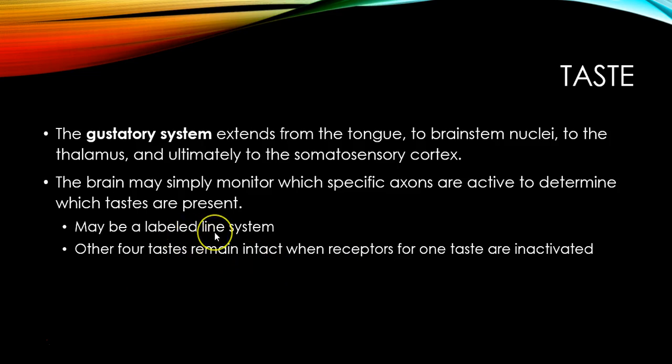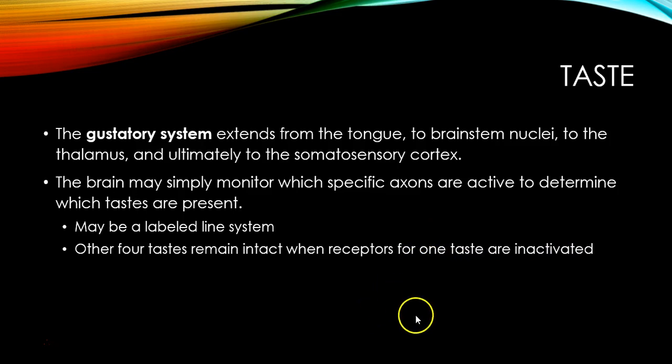There is some evidence for this being labeled line versus a cross fiber pattern, because if you damage one type of taste receptor or inactivate it with a chemical, the other 4 tastes remain totally intact. So those are still able to send their message directly to the brain, it seems, and you're only getting a deactivation in just that one specific taste receptor.